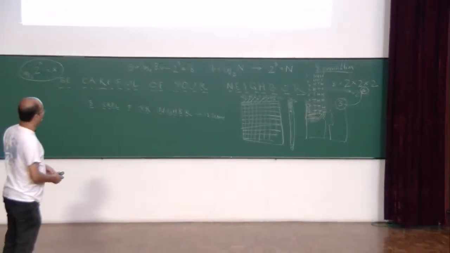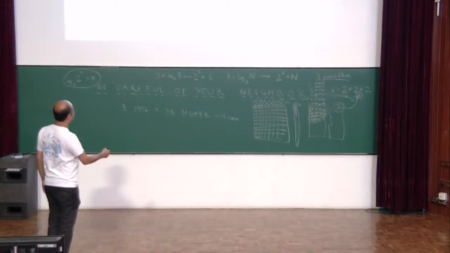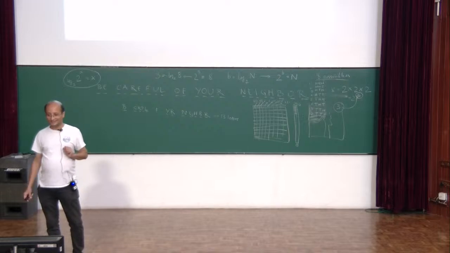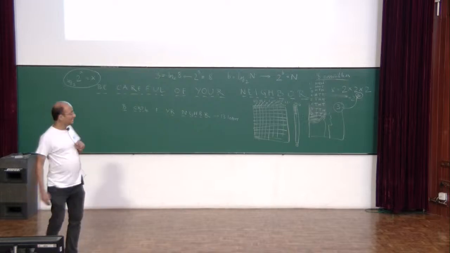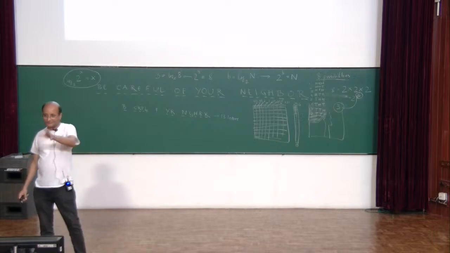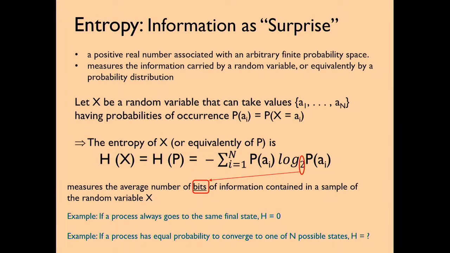Now I'm multiplying it with the probability of that particular state happening. Why? Because in general, each of the states may not have the same probability. If I'm asking what is the total information content of a sequence of n places, each of these places might have different probabilities of a particular state happening.